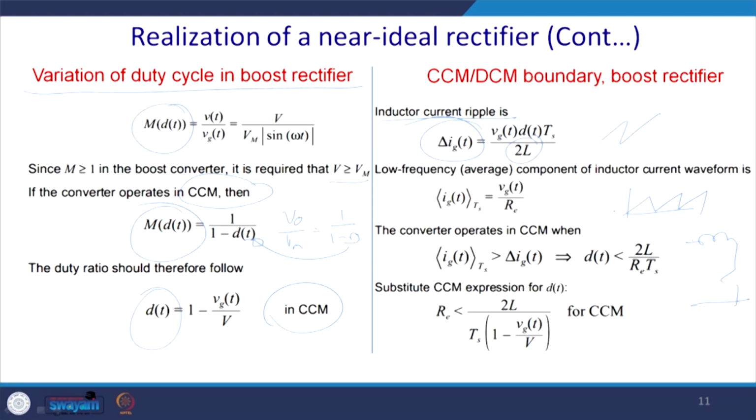So, the ripple which you have allowed, assuming that it is a critical conduction mode, will always touch 0, and for that assumption we have this current ripple. For the low frequency, or the average model, the component of the inductor waveform is given by Vg by Re, that is the average value of I, the straight line I have drawn.